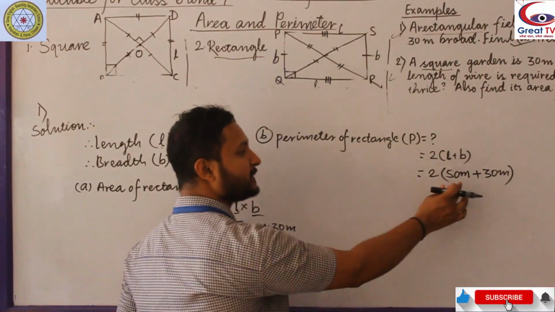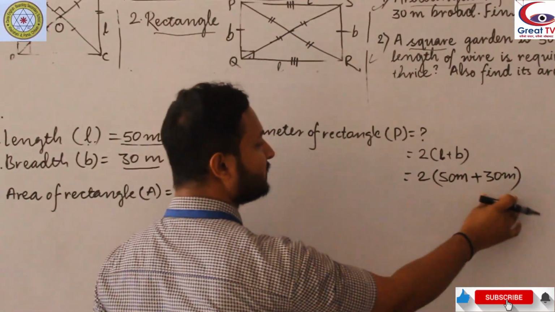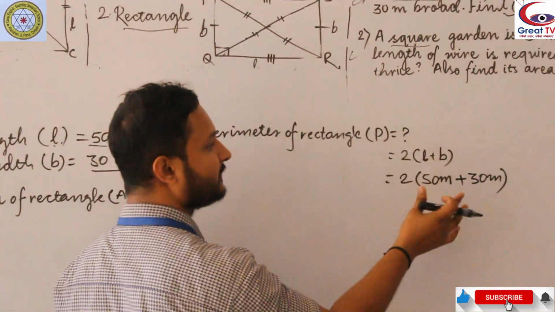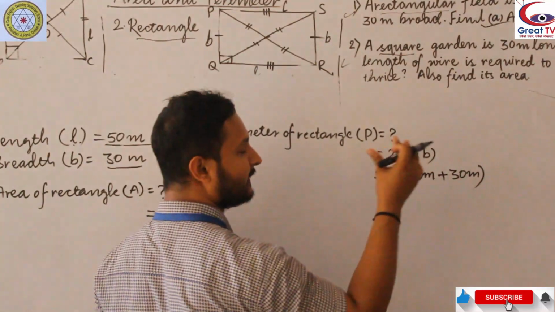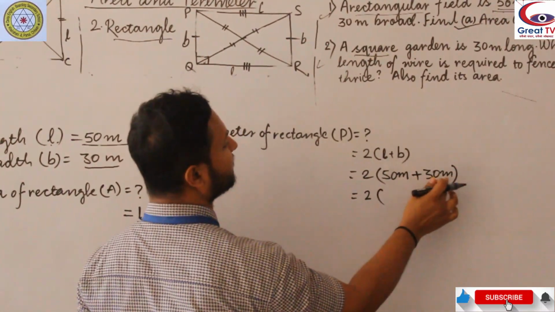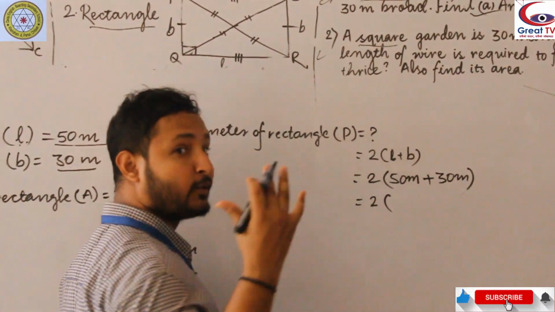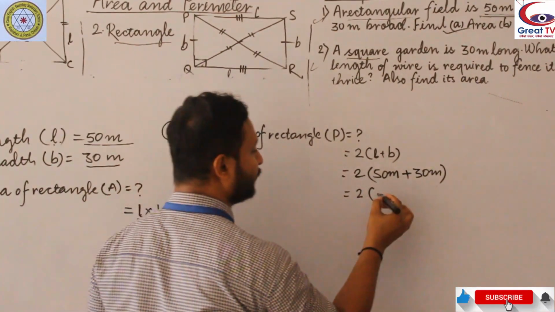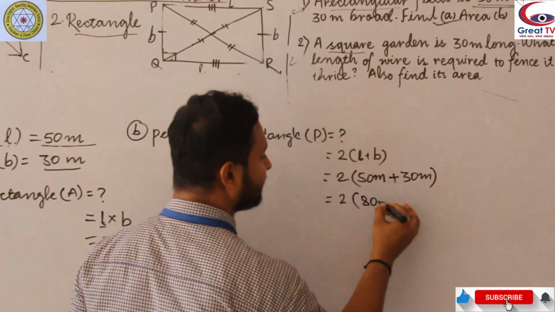We can add this 50 meter with 30 meters because they are like terms. We cannot add L and B because they are unlike. But here 50 meter and 30 meter are like, so we can add them. What would be the sum of 50 meter and 30 meter? That would be 80 meter.